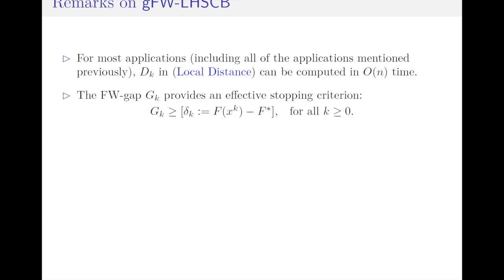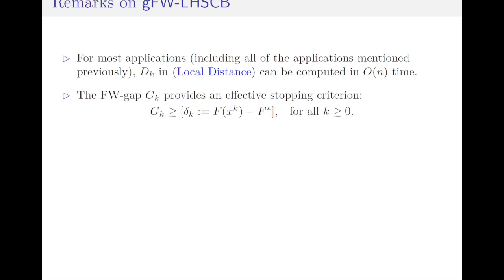We're also interested in the complexity to obtain a small gk, the Frank-Wolfe gap, because a lot of times we use this Frank-Wolfe gap to terminate the algorithm. Because in practice, we never know what delta k is, but we do know gk. And one of the beauties of the Frank-Wolfe algorithm is that it has this very natural byproduct that allows us to terminate the algorithm very easily.